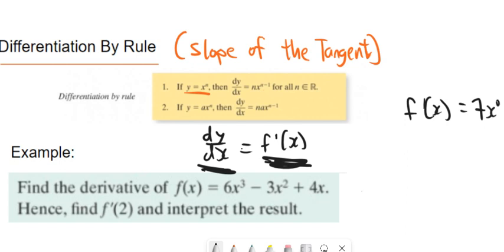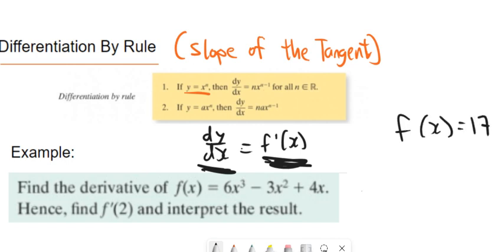You could put an x to the power of 0 there if you want, because x to the power of 0 just means 1. 0 times 7 is 0, and then the x dropping down by 1 doesn't matter, because it'll be x to the power minus 1, but it's still times 0, so it'll just be 0. So if you have a constant by itself, it'll just be 0. You don't even have to show what I showed there, okay? So if I have f of x is equal to 17, I know f dash x is just 0. It's just gone, okay? So you don't have to worry if there's a constant.